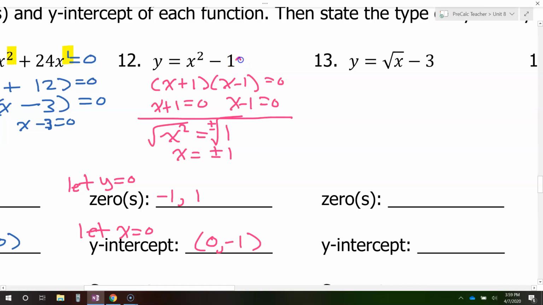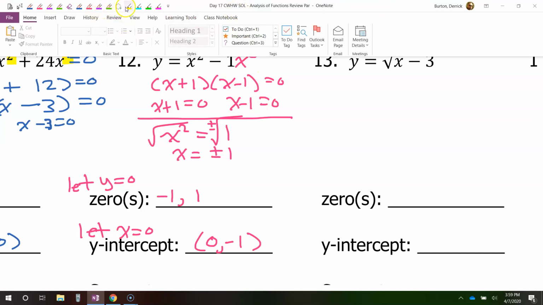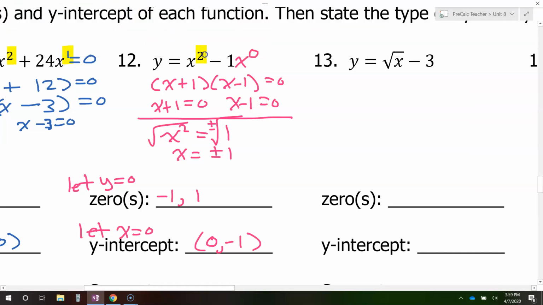The reason we didn't write this x down is because this is the same as x to the 0 power. So when I ask myself whether the exponents are even or odd, I'm looking at exponents of 2 and 0.